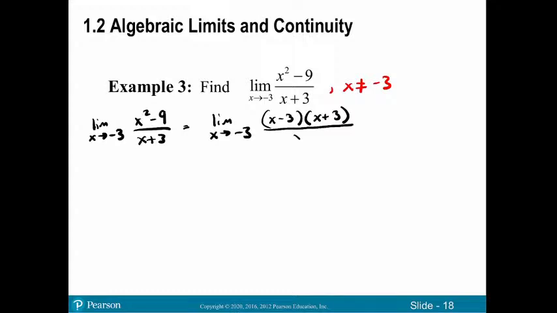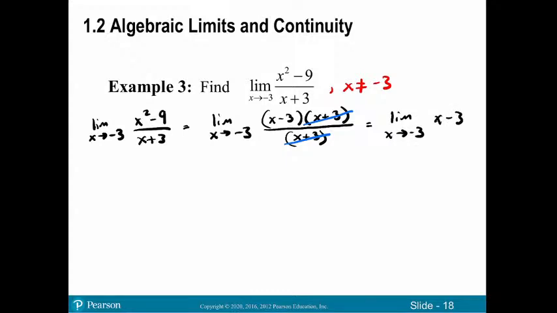And the denominator remains as x plus 3. Now we have some items that cancel. The x plus 3 on top cancels the x plus 3 on bottom. This leaves us with the limit as x approaches -3 of x minus 3.